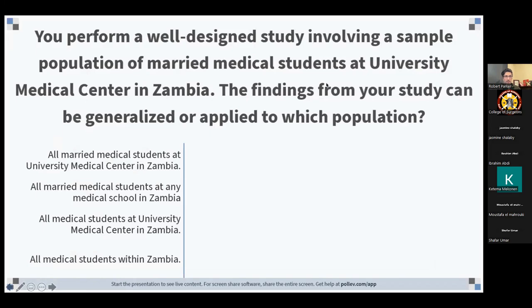Good. All right. So I would agree with the majority, all married medical students at University Medical Center in Zambia. So the point of this question is to say that if there is a study, you really need to look carefully at that sample before trying to apply it to your population.